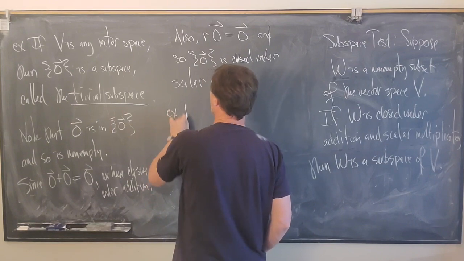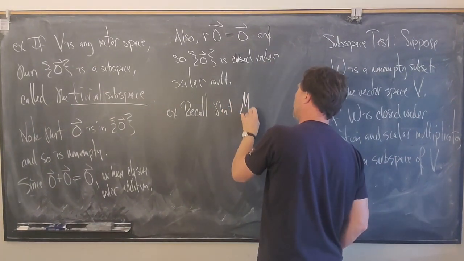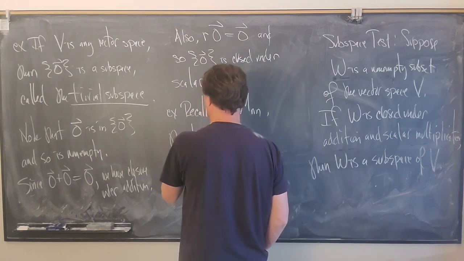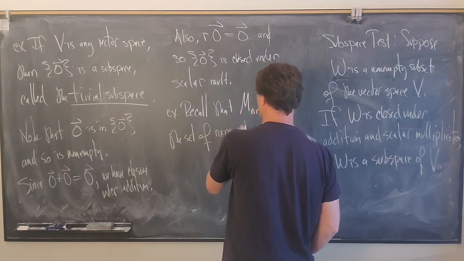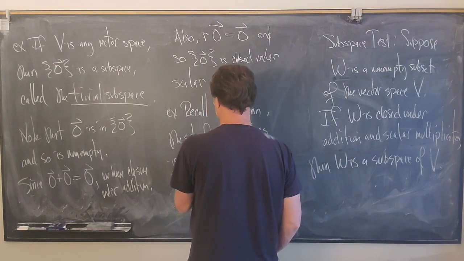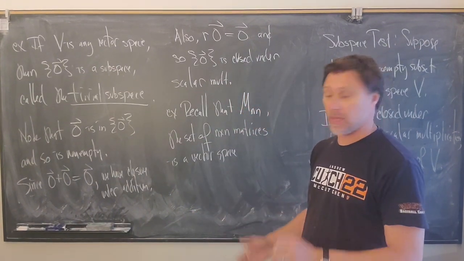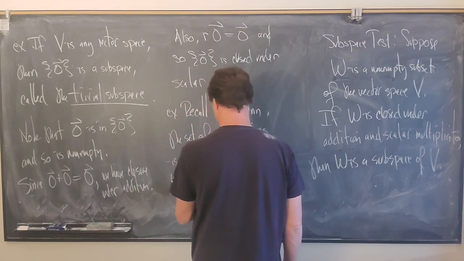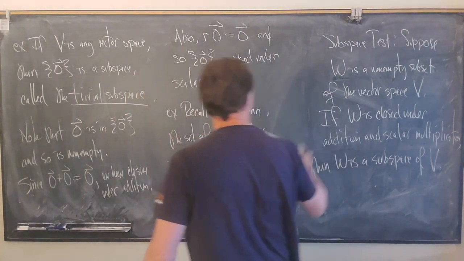So next example, let's say recall that M sub nn, the set of n by n matrices, is a vector space under the usual operations, adding two matrices and multiplying a matrix by a scalar. Let's let D sub n be the set of diagonal matrices.